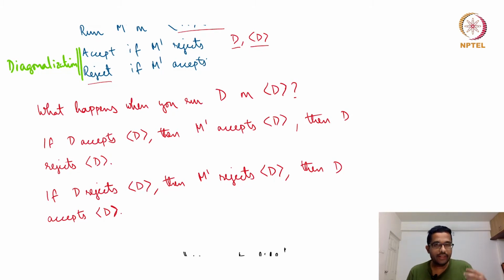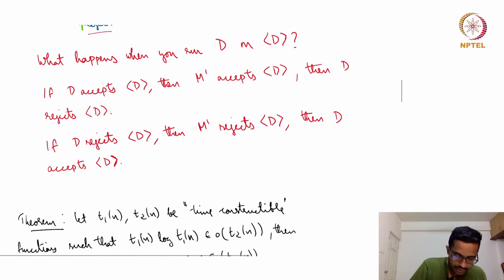When you feed D its own description as the input, M prime will reject if D accepts its own description, but then D flips M prime's output. So it ends up doing the opposite of what it is supposed to do. So this is a contradiction here.